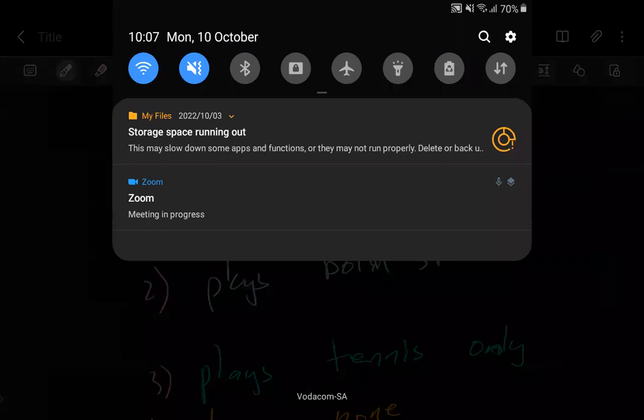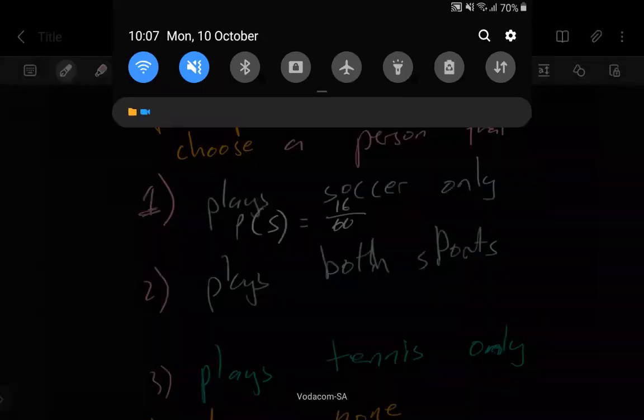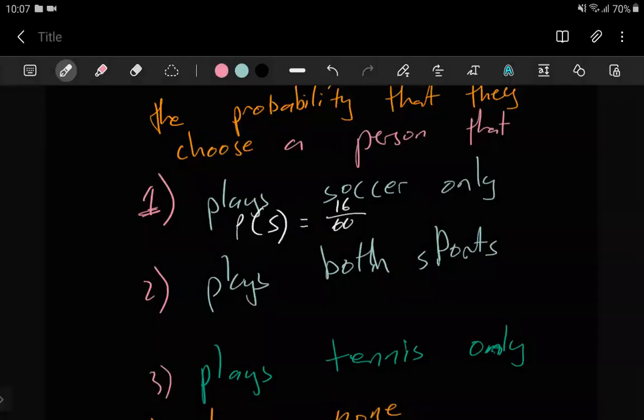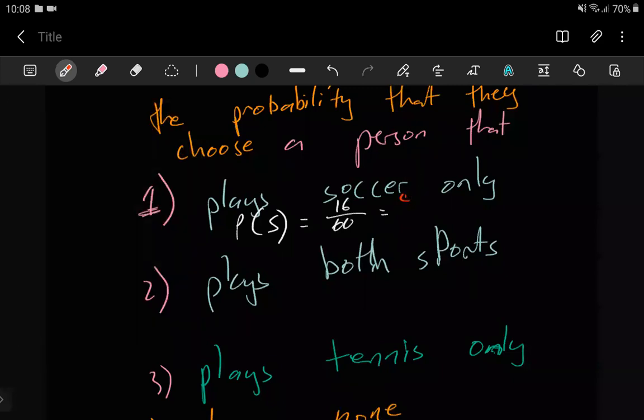And then, depending on what kind of answer they want, sometimes they can want it as a percentage or whatever. So here we can say 4 over 15, as you said. This is also a decimal, 0 point whatever, but let's not worry about that.